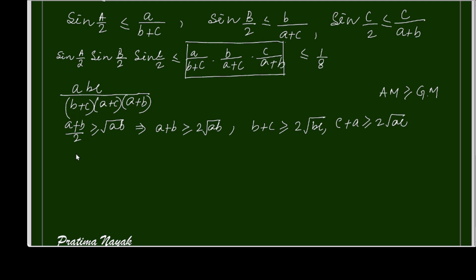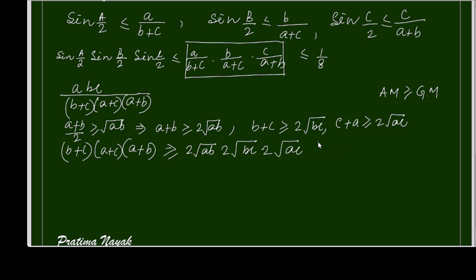This product, or this denominator, (A plus B)(B plus C)(A plus C), is greater than or equal to 2 root AB times 2 root BC times 2 root AC, which is greater than or equal to 8 A square B square C square under root. So this is greater than or equal to 8ABC.